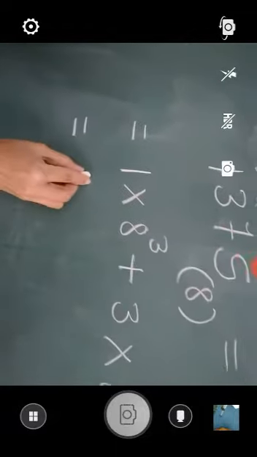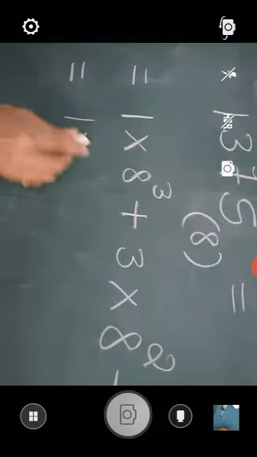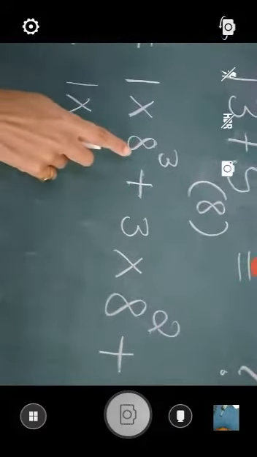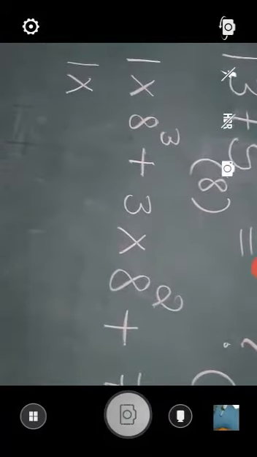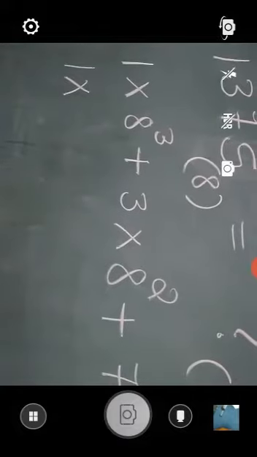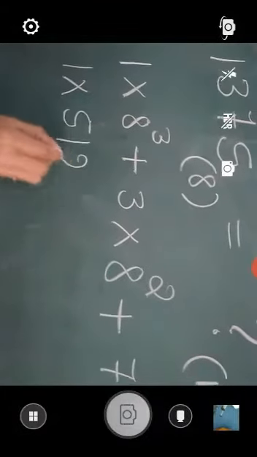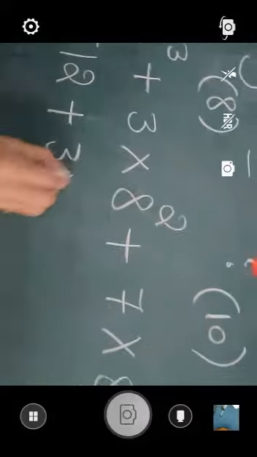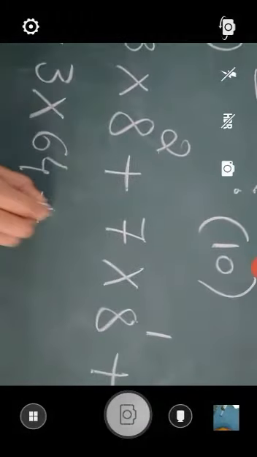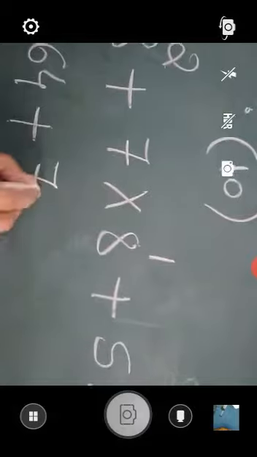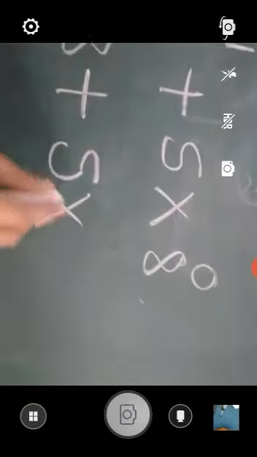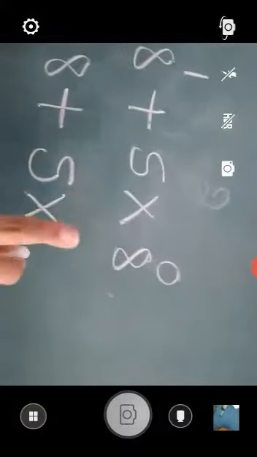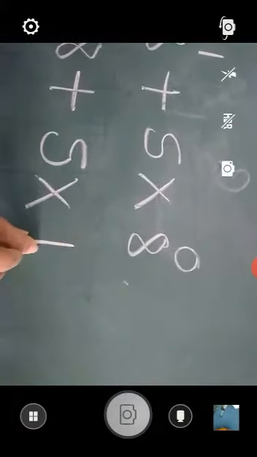Okay, now substitute all the answers. See, we know 8 has to be multiplied 3 times. The answer will be 512. Now plus 3 into 64 plus 7 into 8 plus 5 into 8. Sorry, 5 into 1. 8, anything raised to 0 will be 1. So 5 into 1.